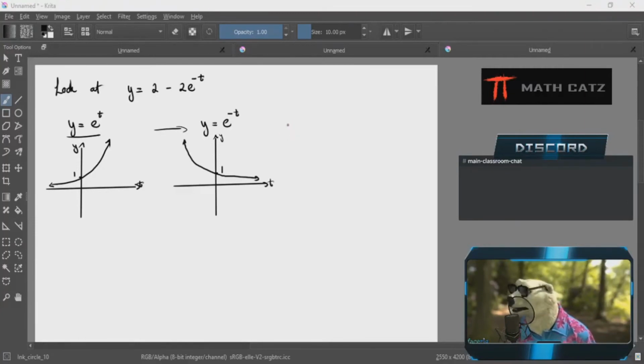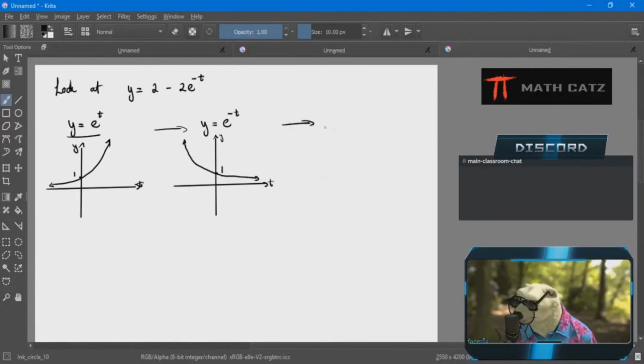Now, what's next here? I could perhaps multiply the whole right-hand side by 2e^(-t). What happens to the graph? Well, not much.